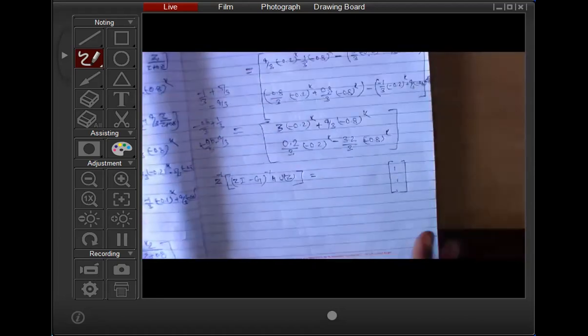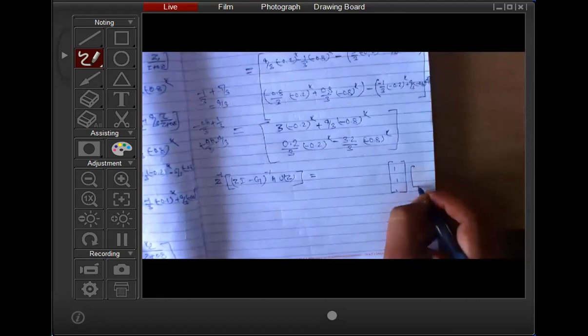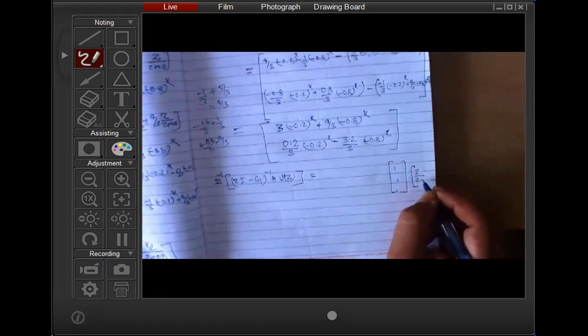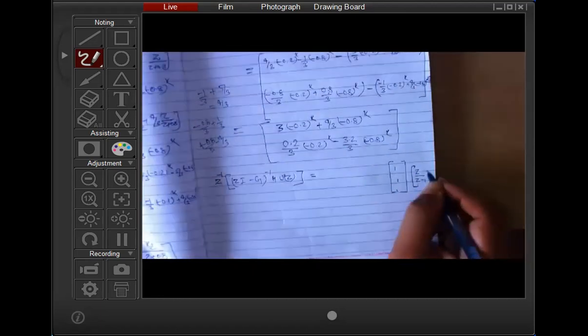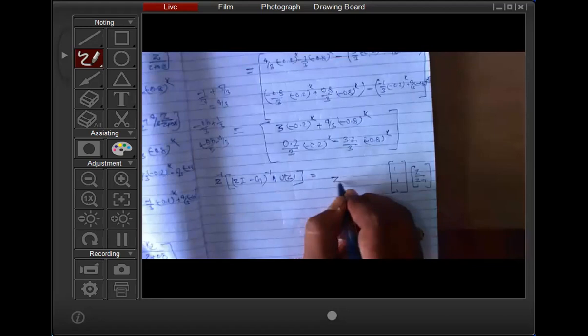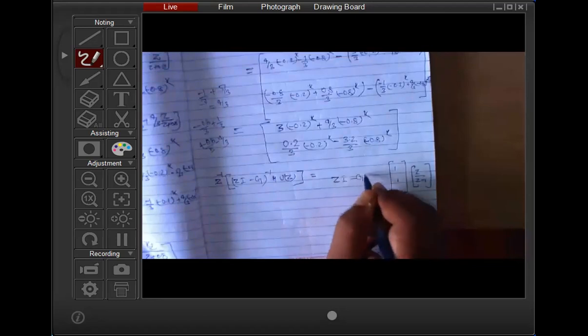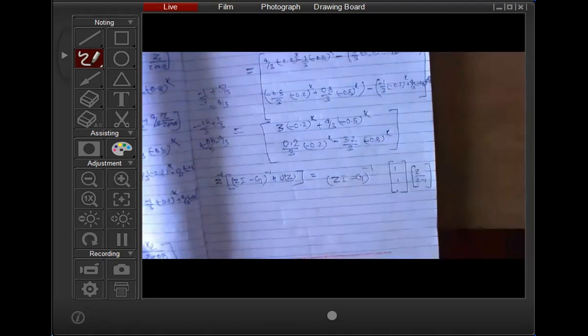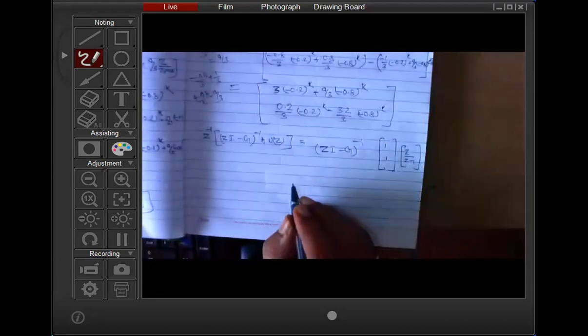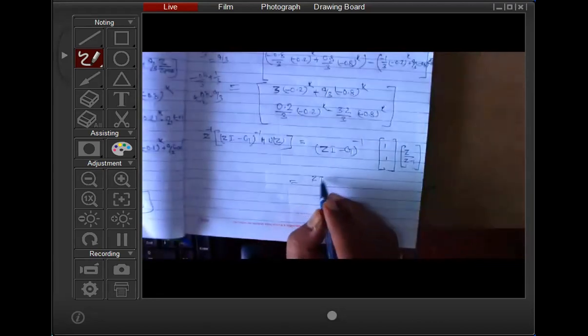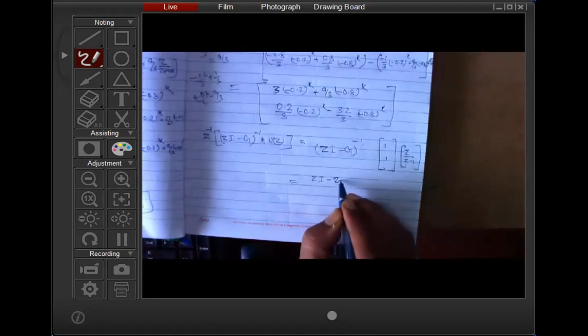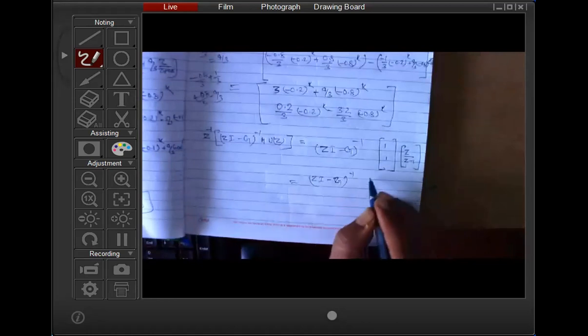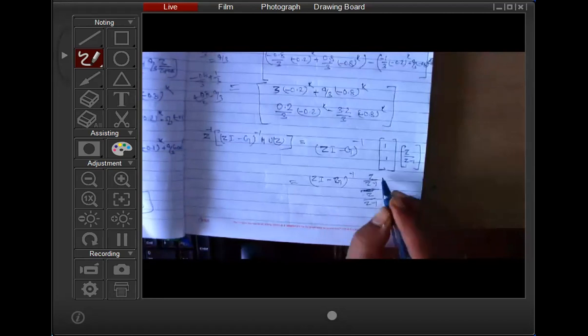So that is z by z minus 1 into zI minus G inverse. So it becomes zI minus G inverse into z by z minus 1, and the second element is z by z minus 1. Any doubt?